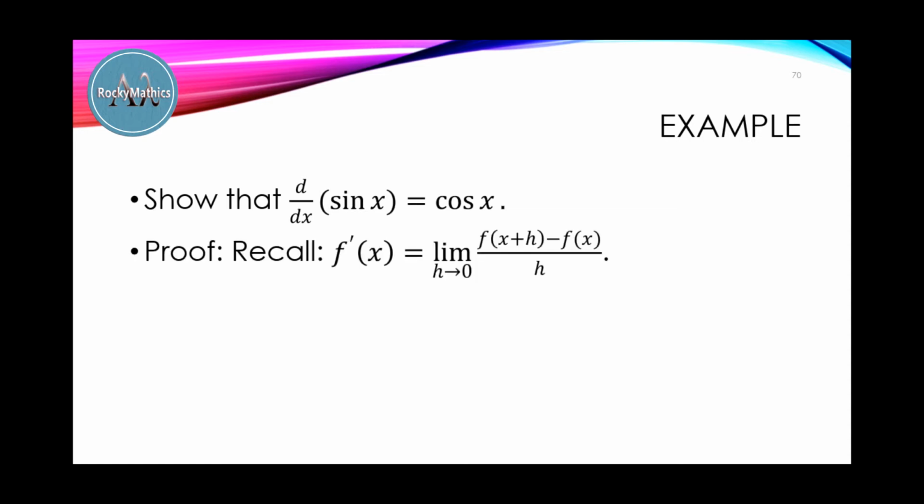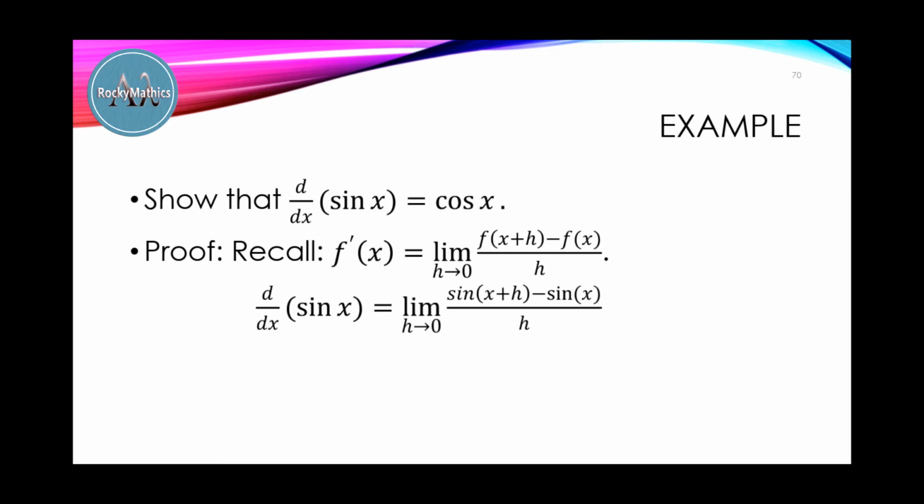First, we have to recall the definition of derivative. If we are given the function f, then we can use the notation f prime of x, which is equal to the limit of f of x plus h minus f of x over h as h approaches 0. Here we have to identify what is our f.